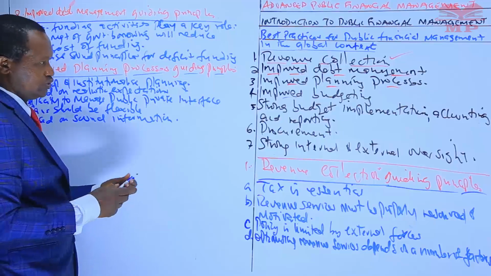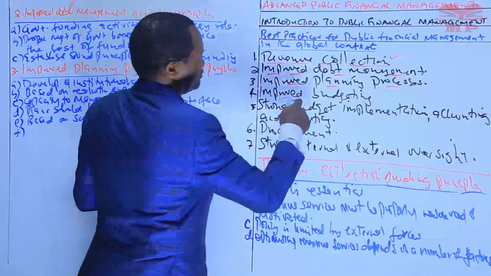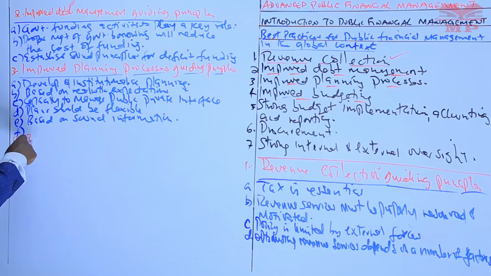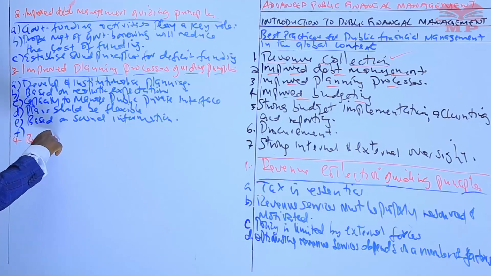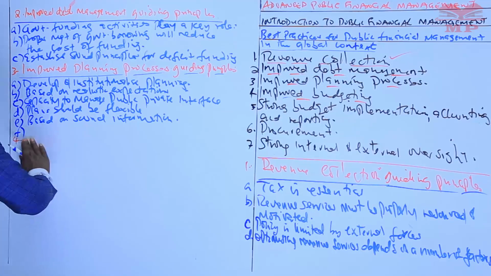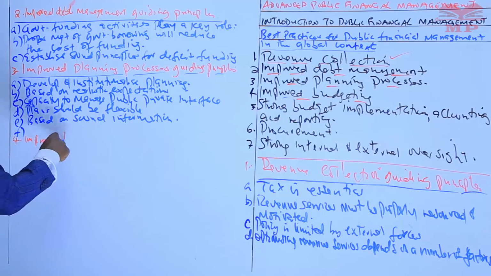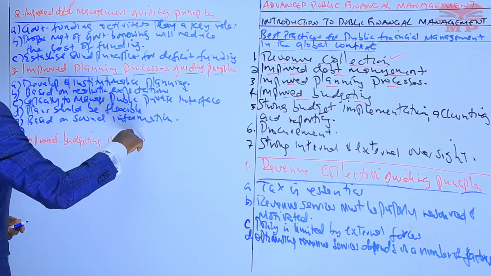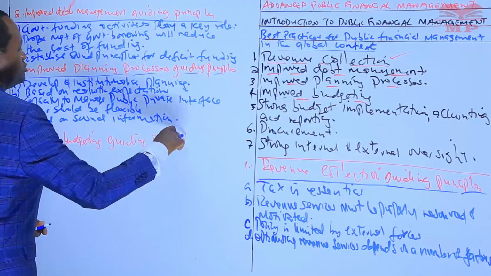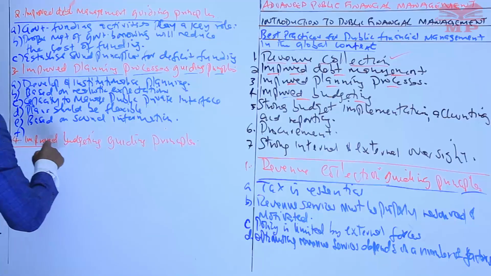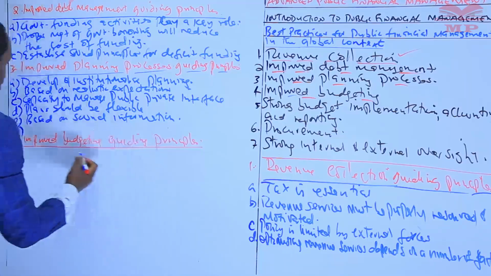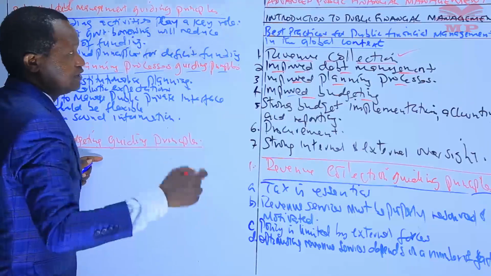Now let's move on to budgeting. Number 4, budgeting. This is improved budgeting guiding principles.